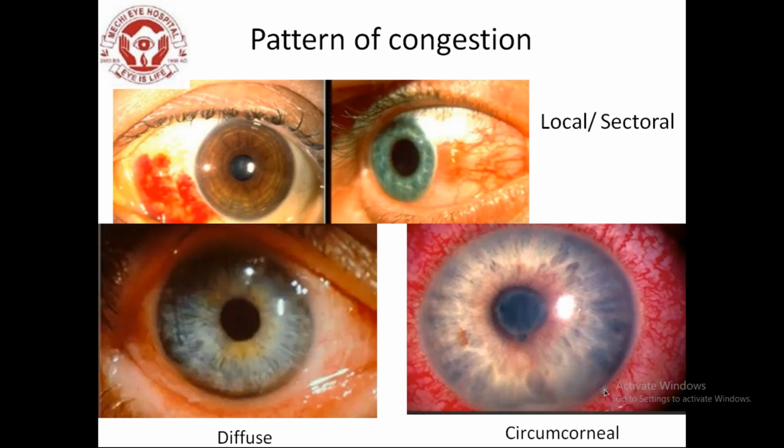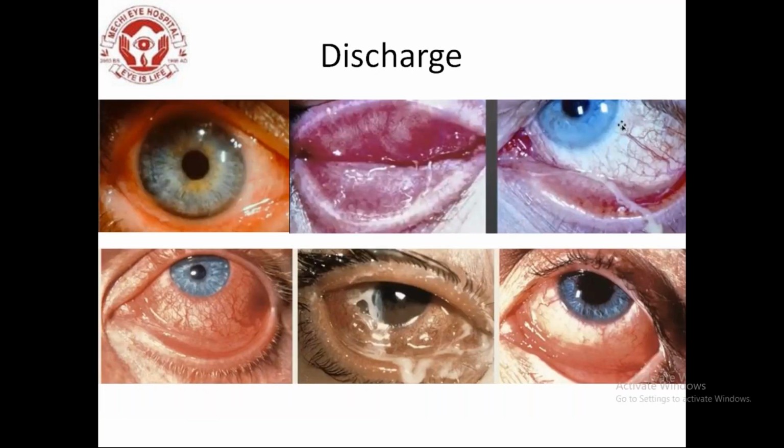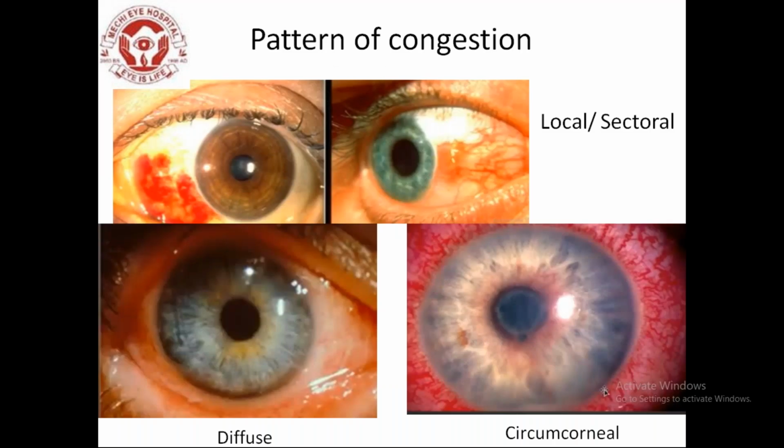The diffuse congestion is because of the congestion of the conjunctival vessels, whereas the circumcorneal congestion is due to the congestion of the anterior ciliary arteries. So these are the main points we should be able to distinguish between diffuse and circumcorneal congestion, and also the type of discharge, which I have already told. This is the type of discharge.